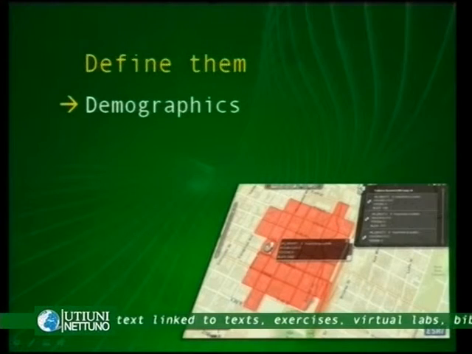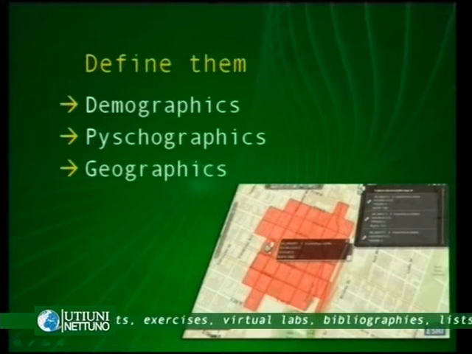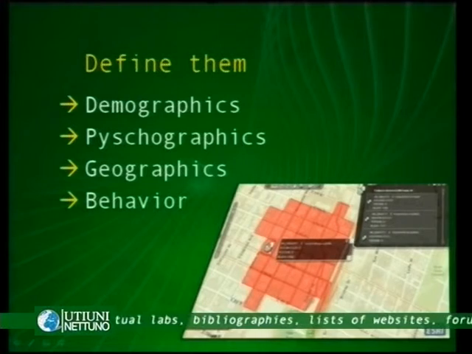Who are these people? We need to look at their demographics, at their psychographics, at the geographics of those people, and the behavior. Now the demographics and the geographics are probably the easiest one to identify.